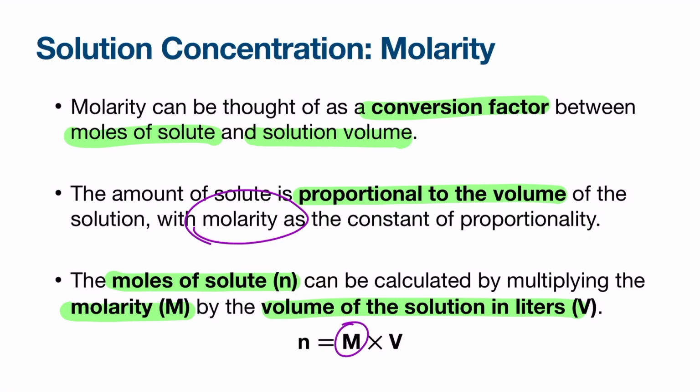And again, molarity is expressed in moles per liter. If we multiply that with volume, which is in liters, we can see that we can cancel our liters, and then we're left with n, or moles of solute, which is expressed in moles. This relationship comes straight from the definition of molarity, which is again moles of solute per liter of solution.